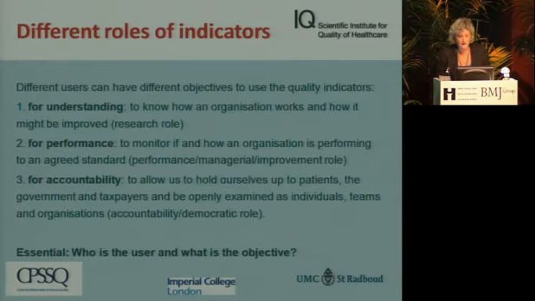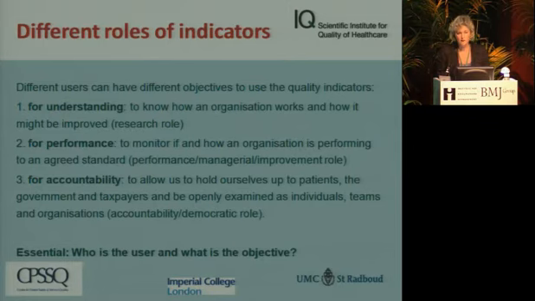Furthermore, we have to realize that different users can have different objectives for using the quality indicators. And in fact, there are three key roles of quality indicators. You can use them for understanding, to know how an organization works and how it might be improved. You can also use them for performance, to monitor if and how an organization is performing to an agreed standard.